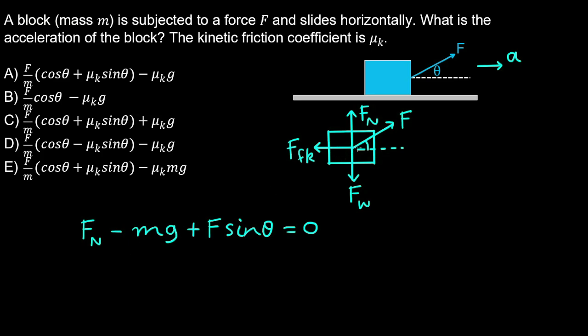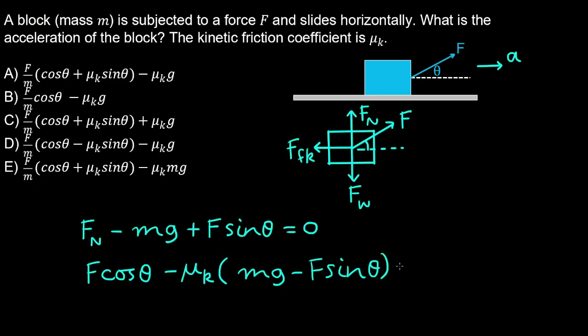And applying Newton's second law in the horizontal direction, we have the force F cosine theta minus the kinetic friction force. So that would be the kinetic friction coefficient multiplied by the normal force, which is mg minus F sine theta, and that's equal to the mass by the acceleration.